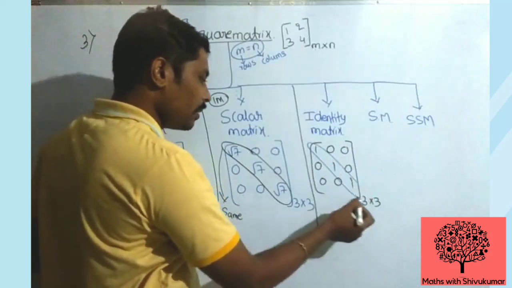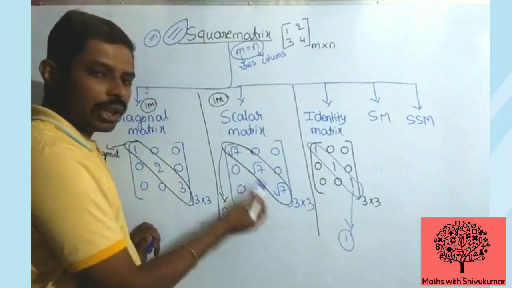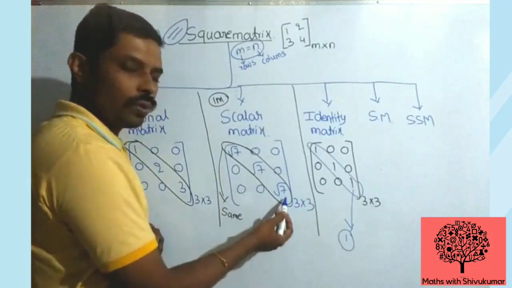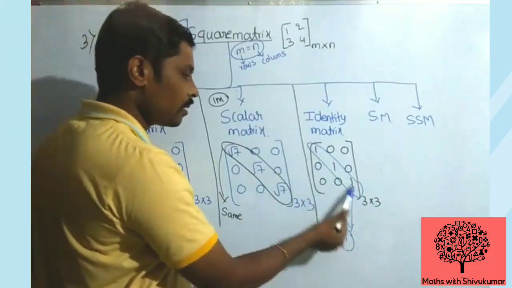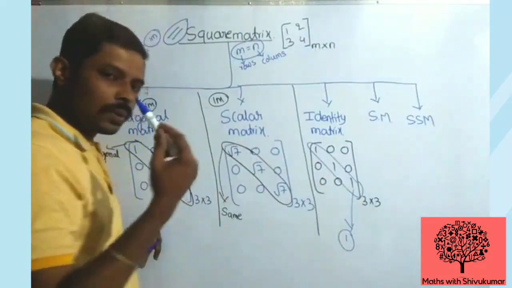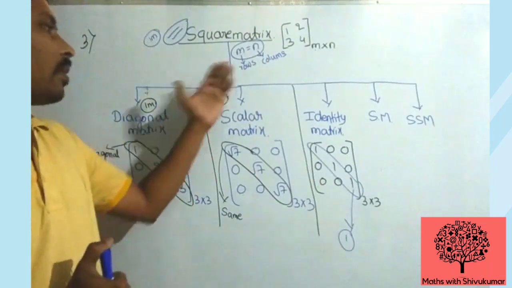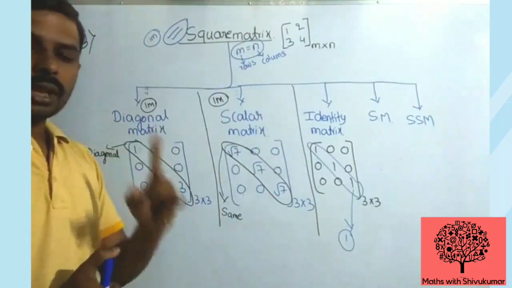Then diagonal elements are always equal to 1. Here diagonal elements may be anything: 1, 1 or 2, 2. It may change. But in the identity matrix, diagonal elements are always equal to 1. Clear? It is a square matrix in which non-diagonal elements are equal to 0. Diagonal elements are equal to 1.